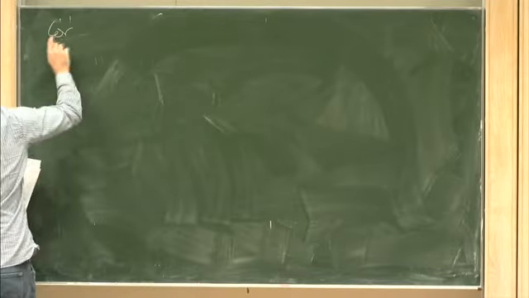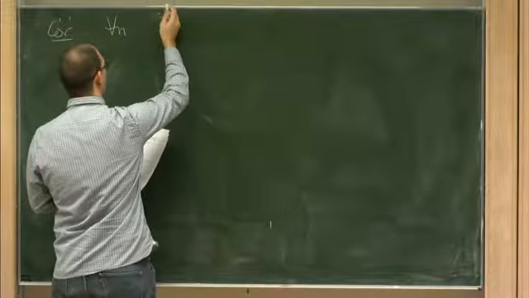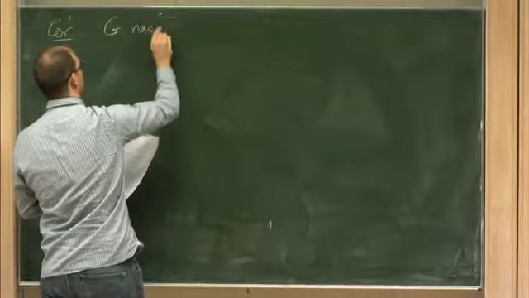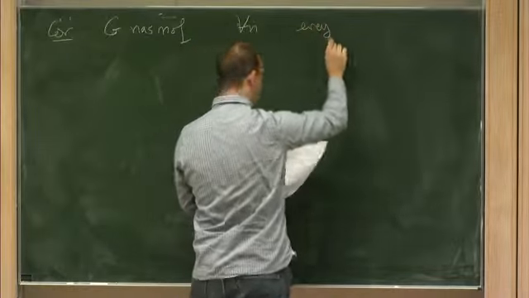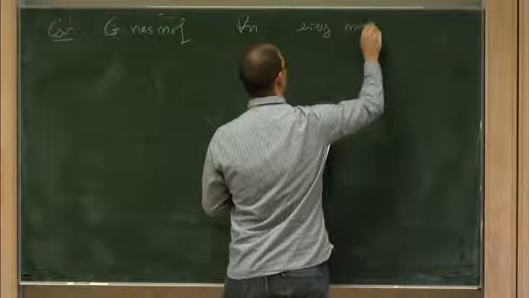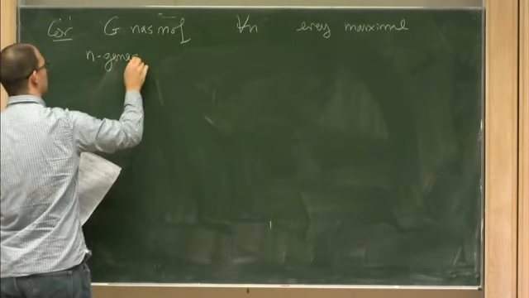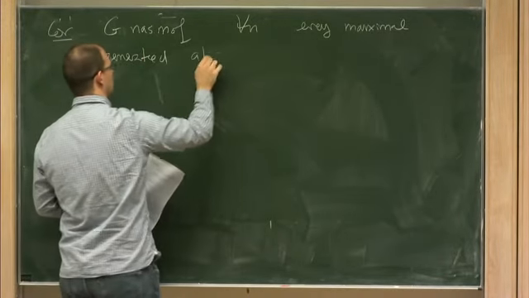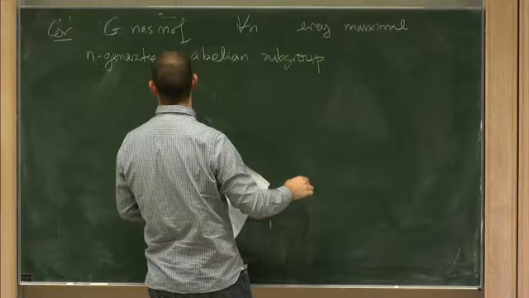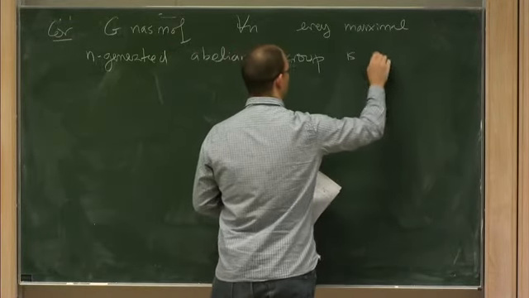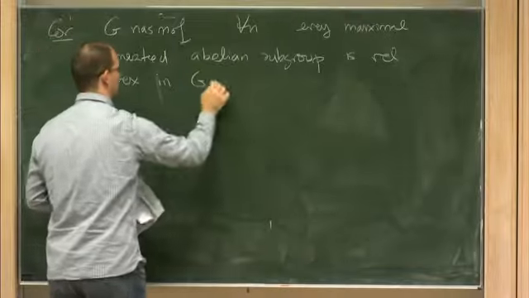So as a corollary, if G is Nash-Moff, then for all n, every maximal n-generated abelian subgroup is relatively convex in G.